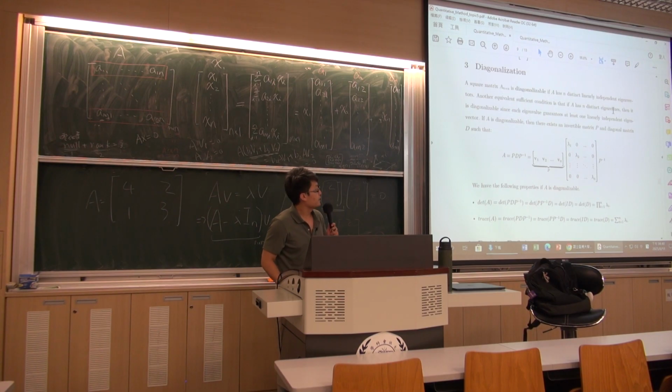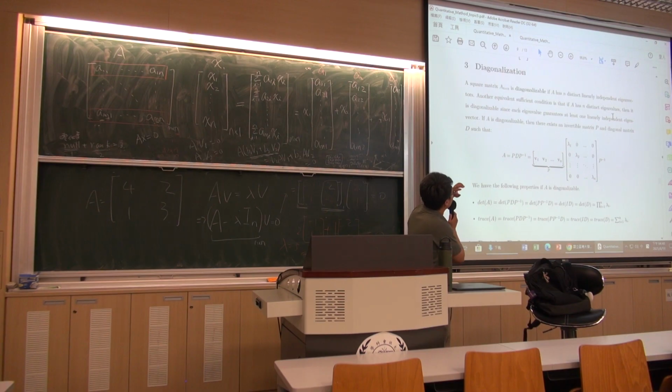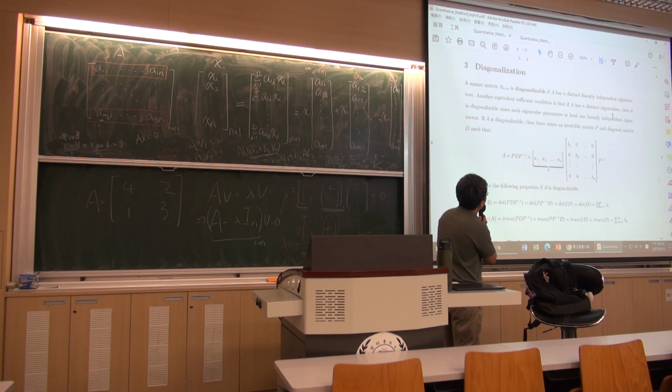Okay, then is the diagonalization. Let's go through the definition. We say that a square matrix A is diagonalizable if it has n linearly independent eigenvectors.